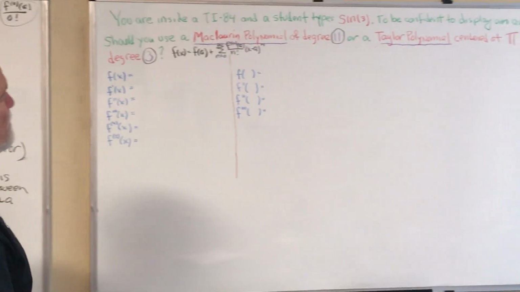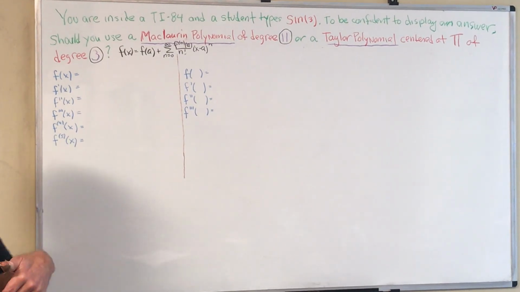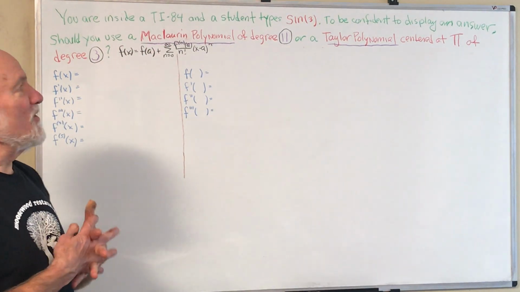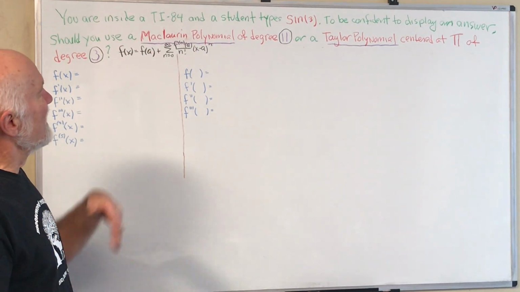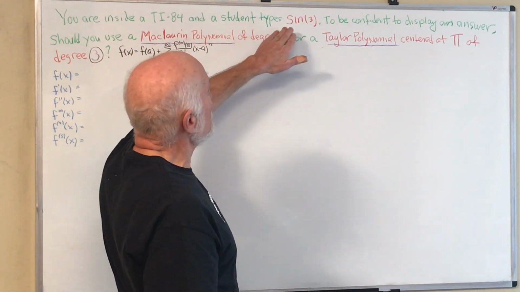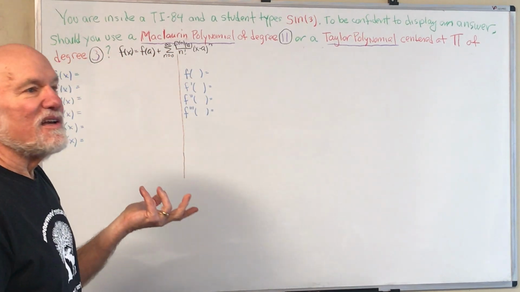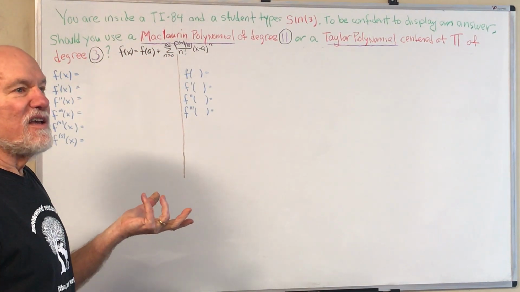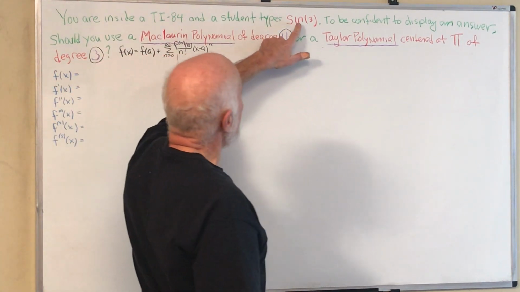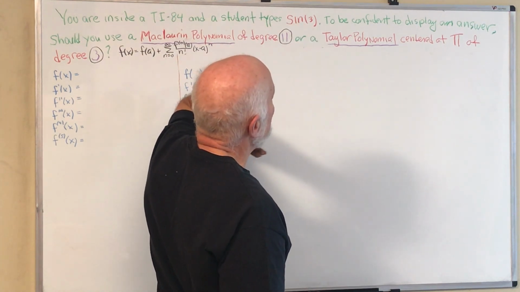Okay, so let's proceed over to this problem. So pretend that you are inside a TI-84 calculator. And a student types in on your calculator the sine of 3, which you don't have stored. So what you're going to do is use a Taylor polynomial for the sine of x to approximate the sine of 3.